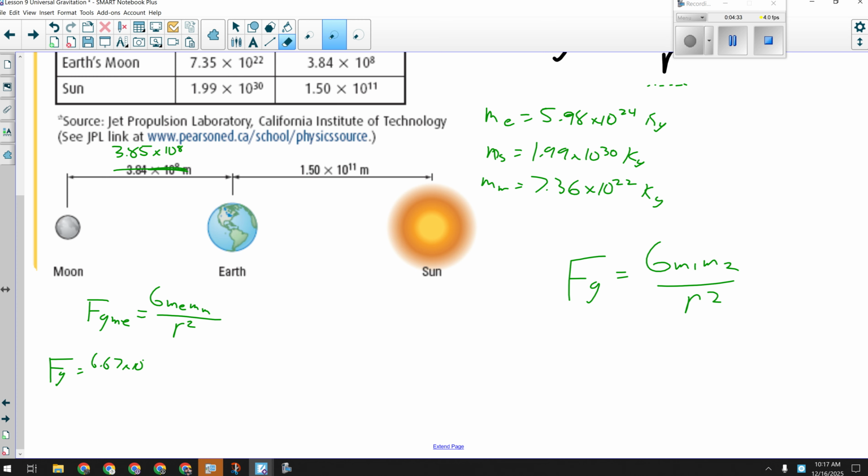6.67 times 10 to the minus 11 times 5.98 times 10 to the 24 times 7.36 times 10 to the 22, so mass of the Earth, mass of the moon, divided by 3.85 times 10 to the 8, and that number is squared. That's the most common mistake, forgetting to square that in the calculation.